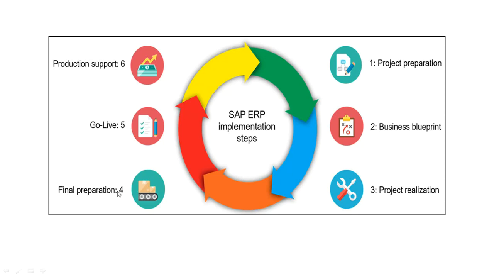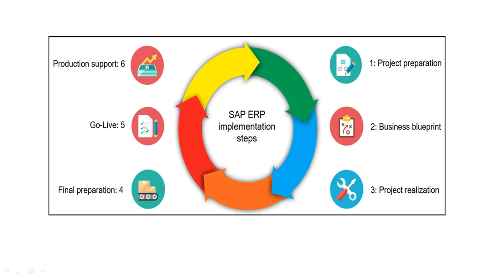In the final stage, that is called final preparation, we go for the final testing of the software, and put the user training. All the end users are given rigorous training on how to work in this particular SAP software, which is already tested and ready.